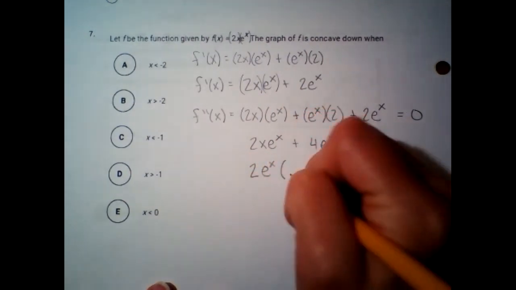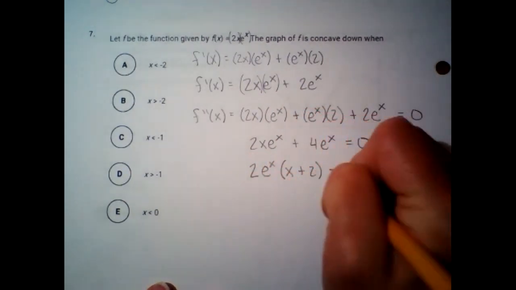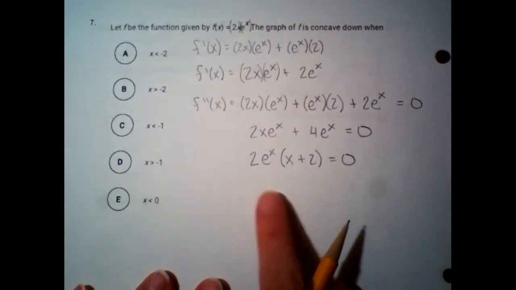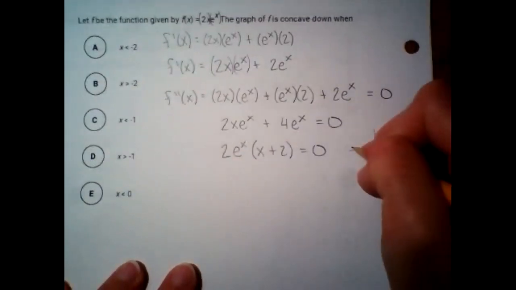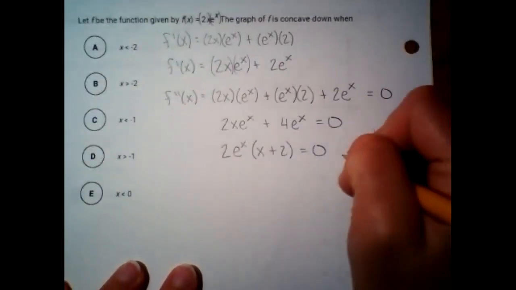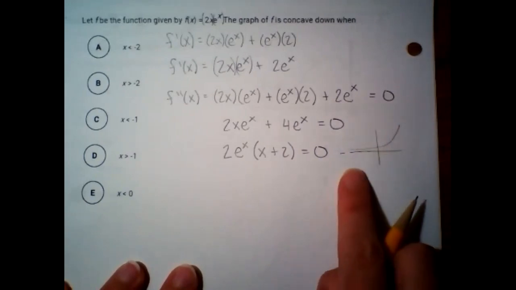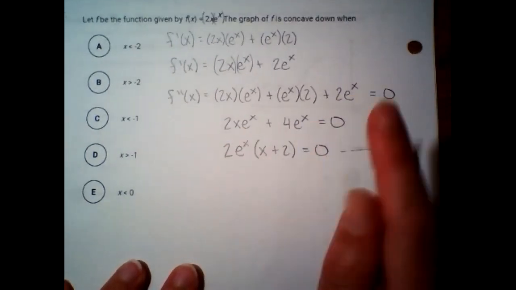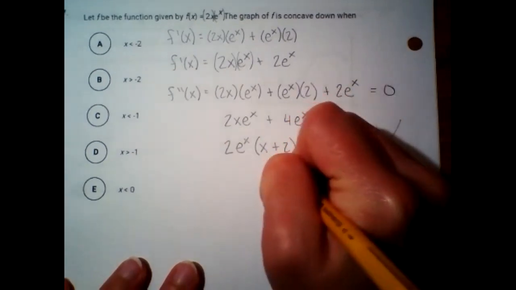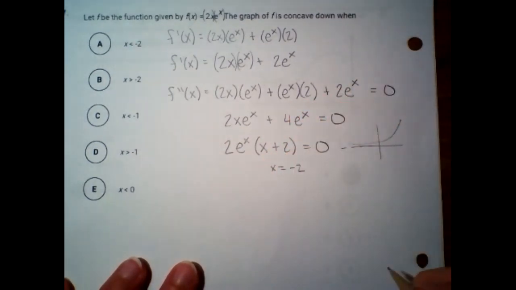So that would leave us with x plus 2. And now setting each of these equal to 0, this is never going to be 0. E to the x looks like this, and you have that asymptote there, so it's never going to touch 0. So we don't get any inflection points out of this. All we get for this one is -2.